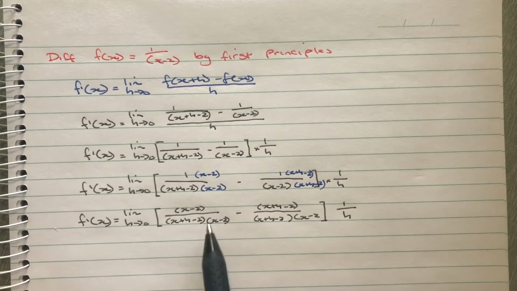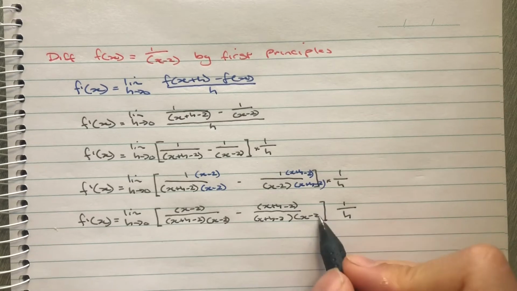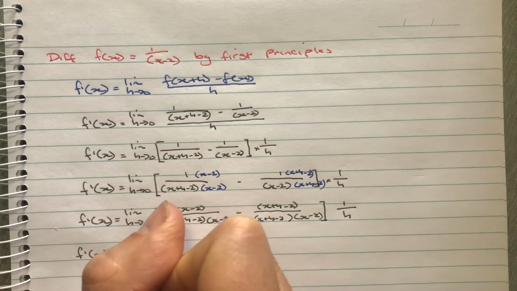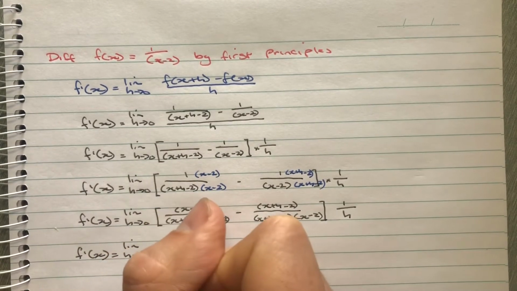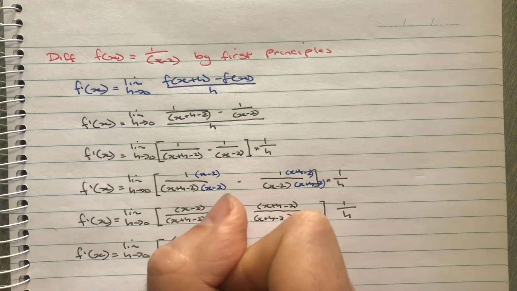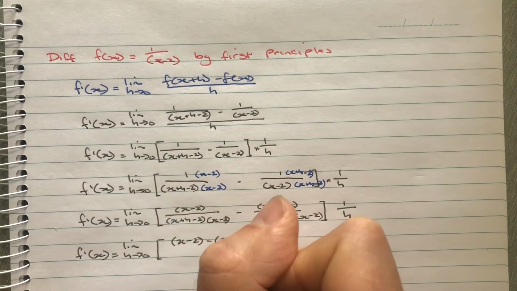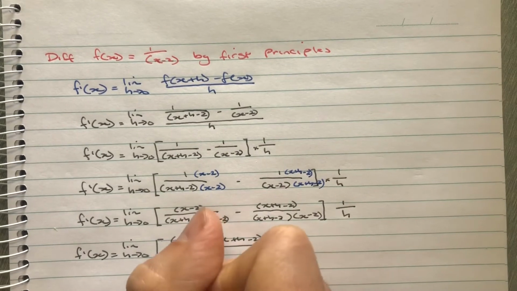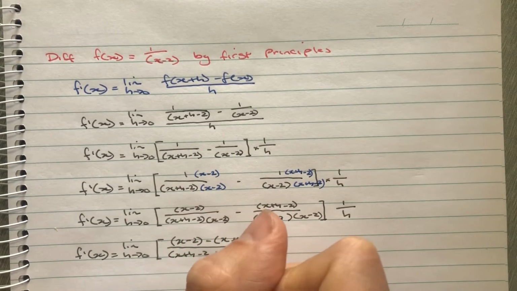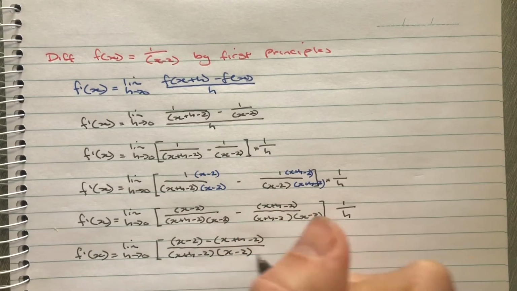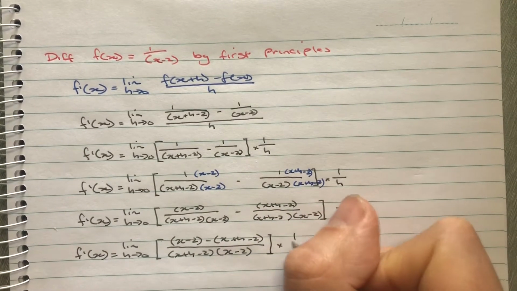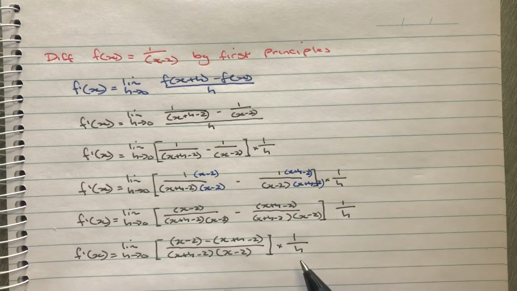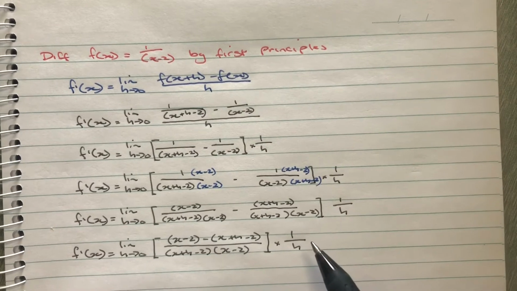Okay, so hopefully we can see that the denominators are now the same, so now we can combine those fractions. Another thing that's really important is you don't forget about this times 1 on h at the side, because you are going to need that in the end.